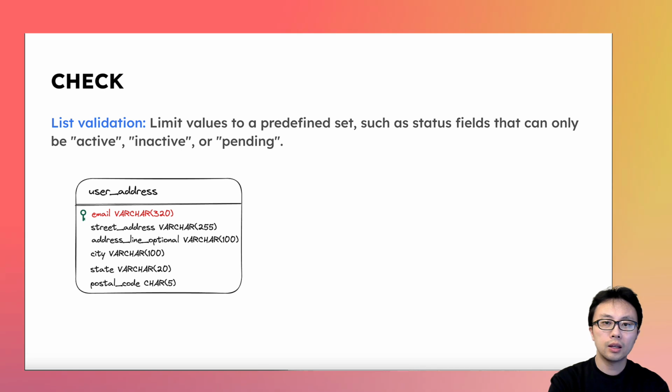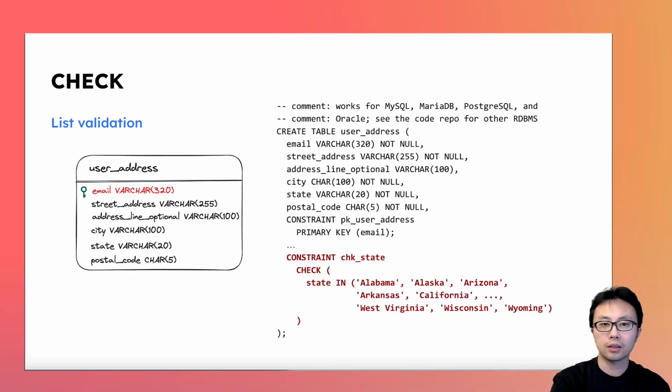For example, think about a table representing user address in a database supporting an online store that only operates in US. So only 50 state names and DC should be considered valid. To make sure invalid data won't be added into a table accidentally like this, you can apply a check constraint to this column, like this.